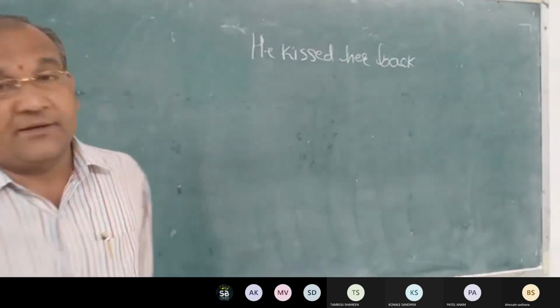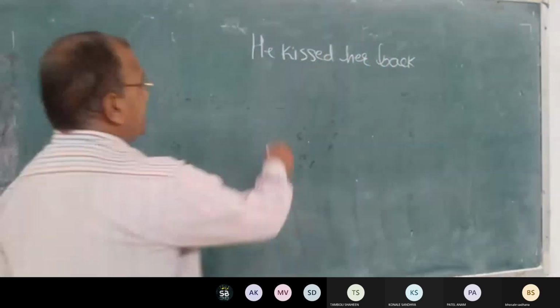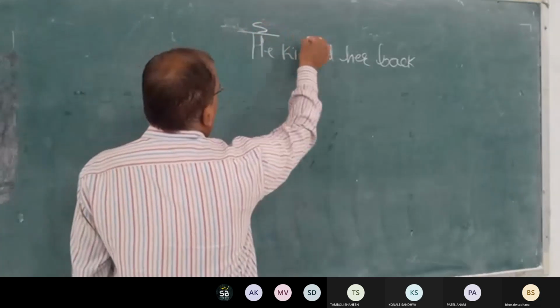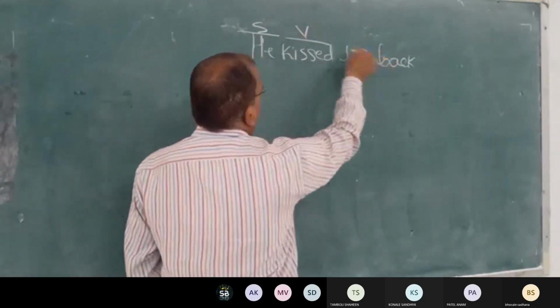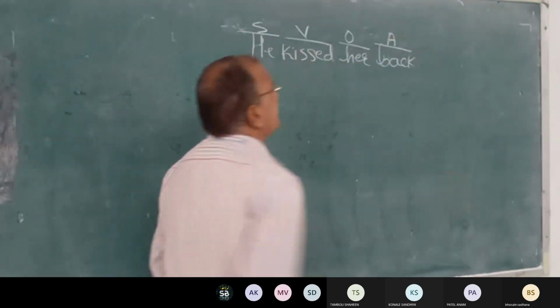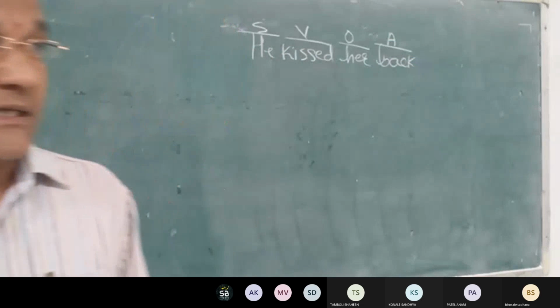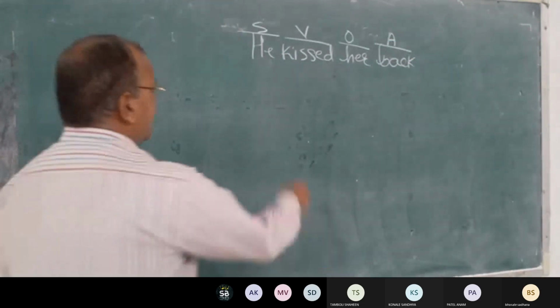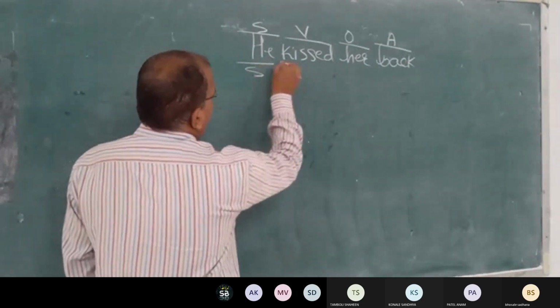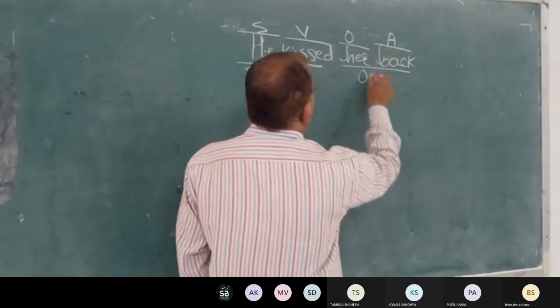This is a case of structural ambiguity. In structure one: subject, verb, object, adverb. In the other case: subject, verb, object.